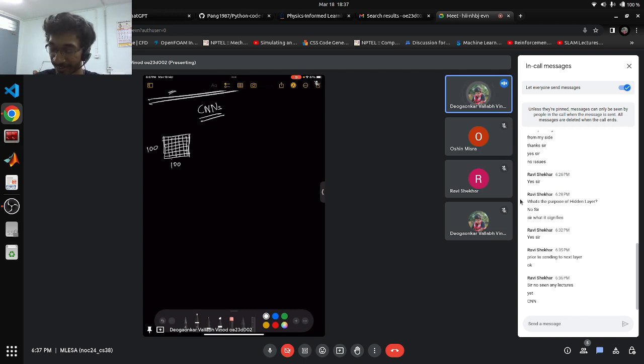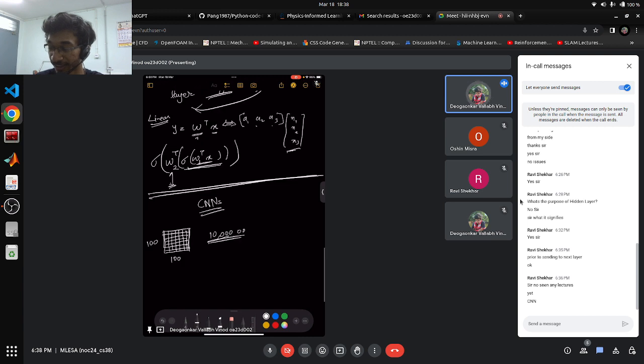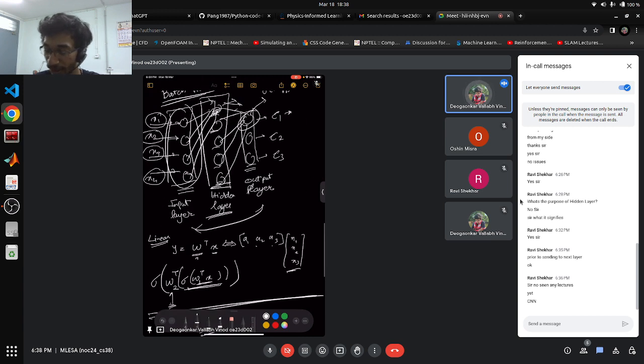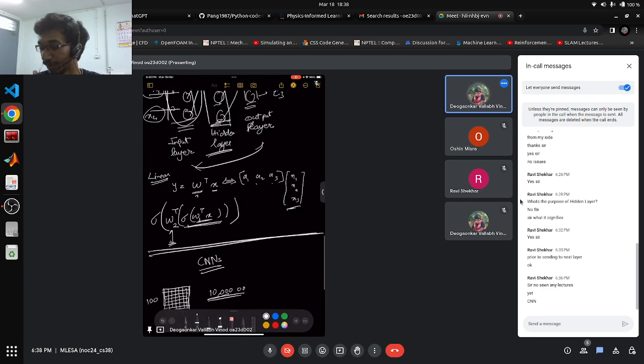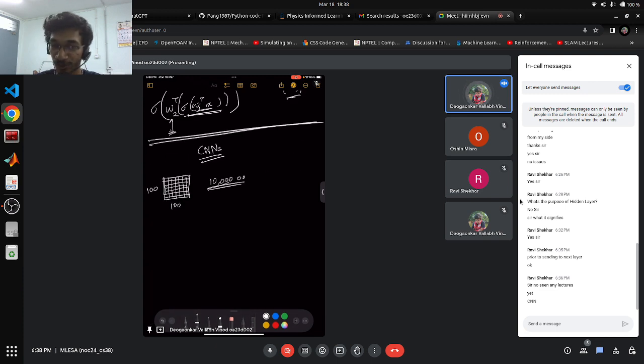You can't work with a 10,000 dimensional space, or even a megapixel image, 2 more zeros. If you keep working on an input of such a big size, your neural network would not train well. There are way too many inputs and way too many things to train, and the number of parameters required will grow way too much. It will go very high.